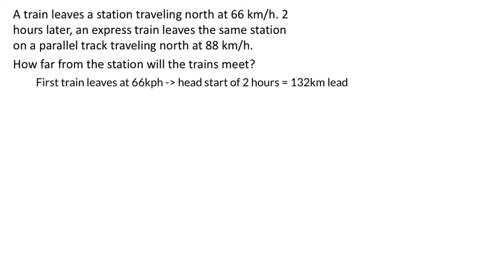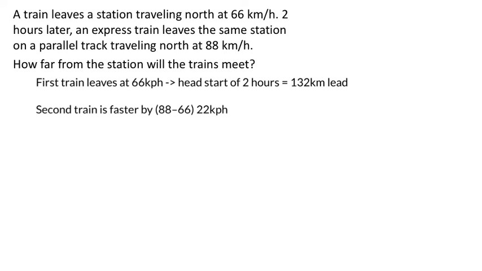But we know that the second train is faster by 88 minus 66, that's 22 kilometers per hour. So they're going 22 kilometers faster every hour.